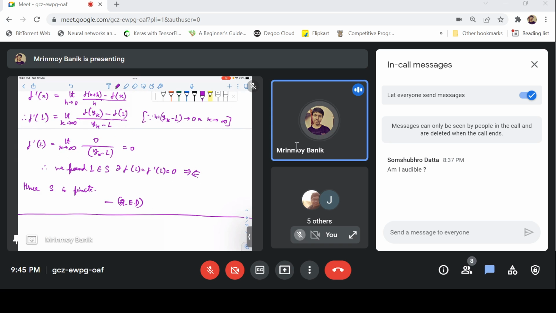Now, as for why L should be in S, let me think. L is the limit of a subsequence, and the original sequence x_n was bounded. Can we claim the limit is in S? That only happens when S is closed. How to claim S is closed? There is a theorem. S is actually f inverse of 0, the zero set of f, also called the zero contour of f.